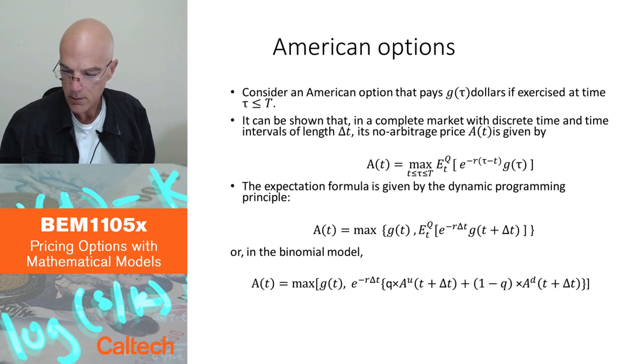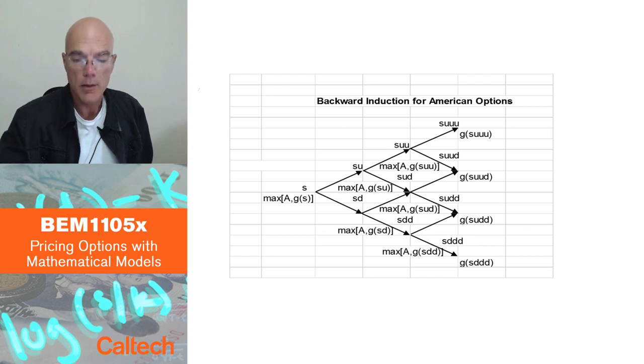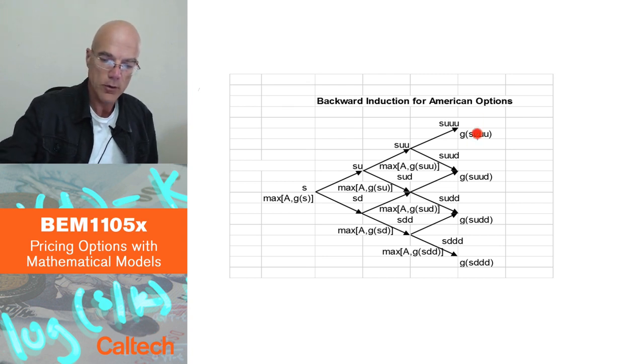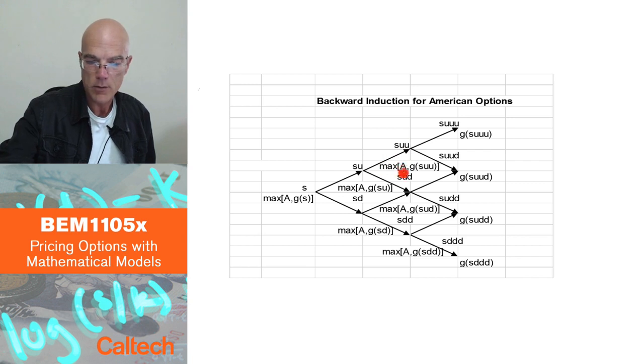So let's do an example, the same example. Before the example, this is the graphical representation again, same as before. I know these values at maturity. I average, discount, and then I take the maximum with what I could get right now, which I'm denoting A. And the value here is just g of s u squared.